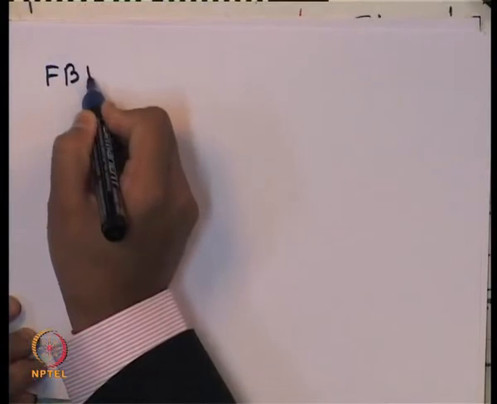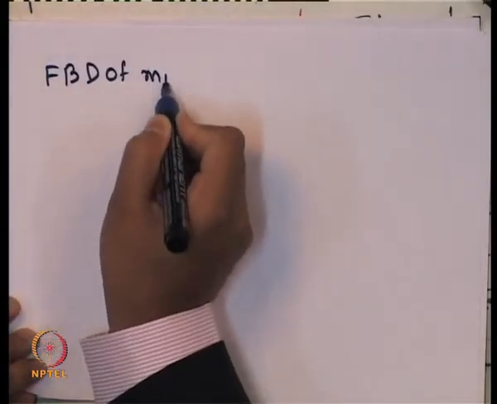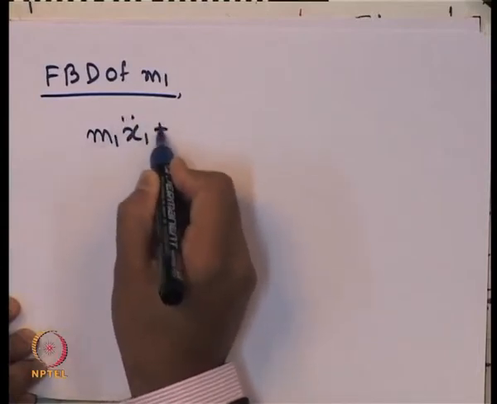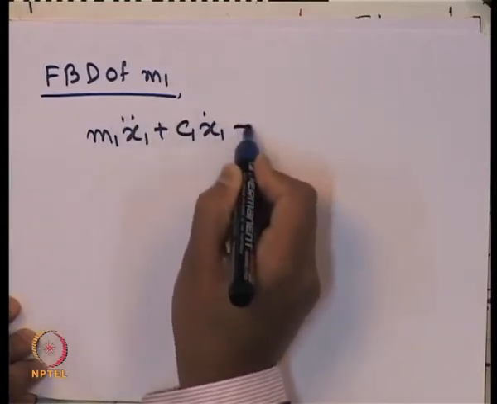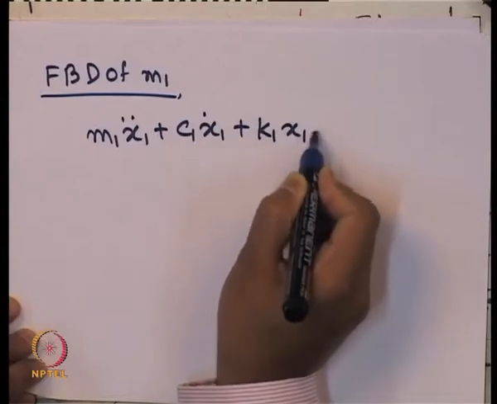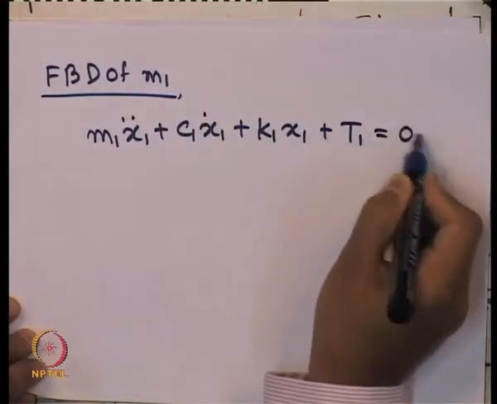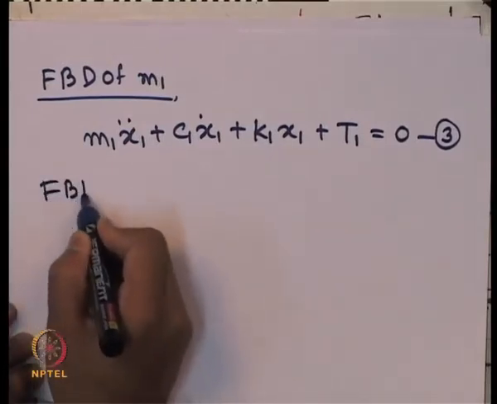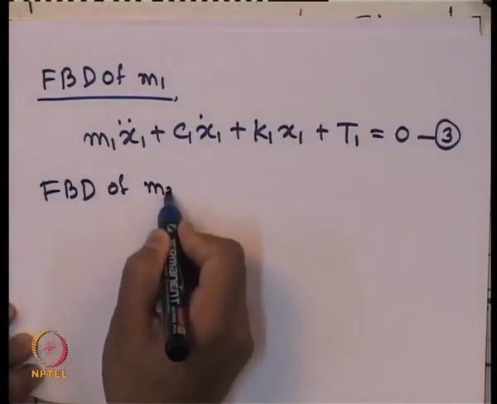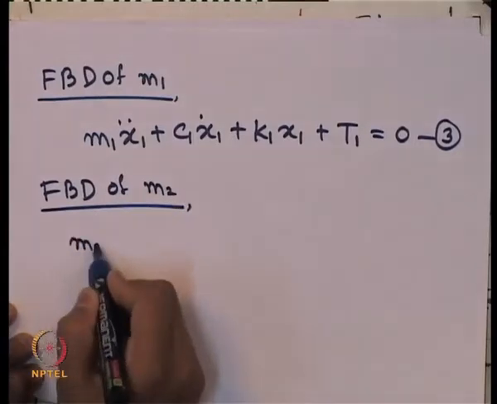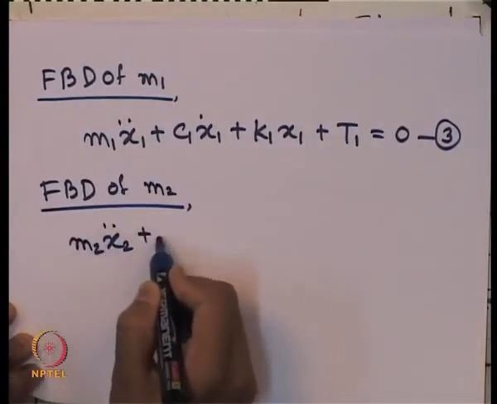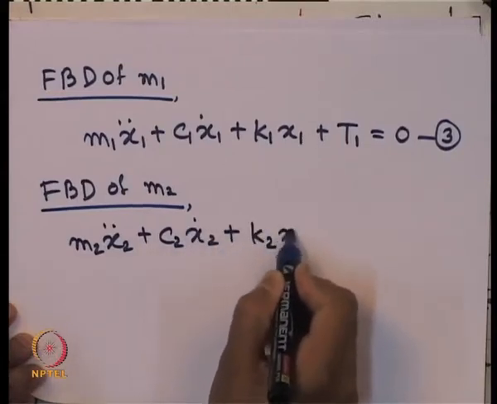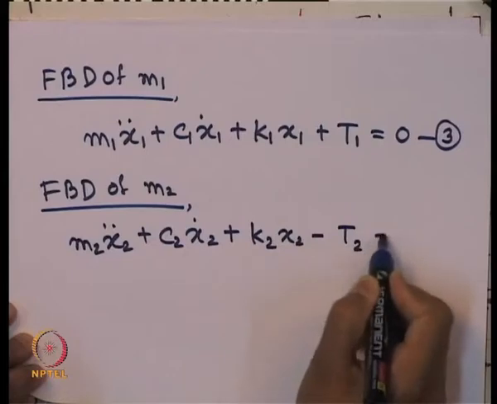So now using the FBD of M1, what can we write? M1 x1 double dot plus C1 x1 dot plus K1 x1 plus T1 equals 0. This is equation 3, and from the FBD of mass M2, we can write M2 x2 double dot plus C2 x2 dot plus K2 x2 minus T2 equals 0.